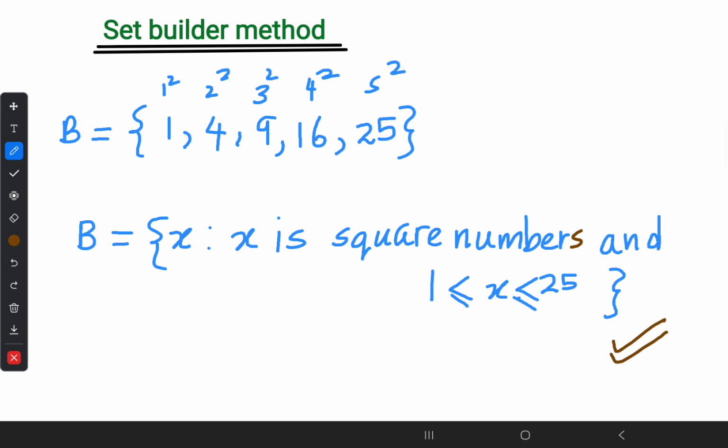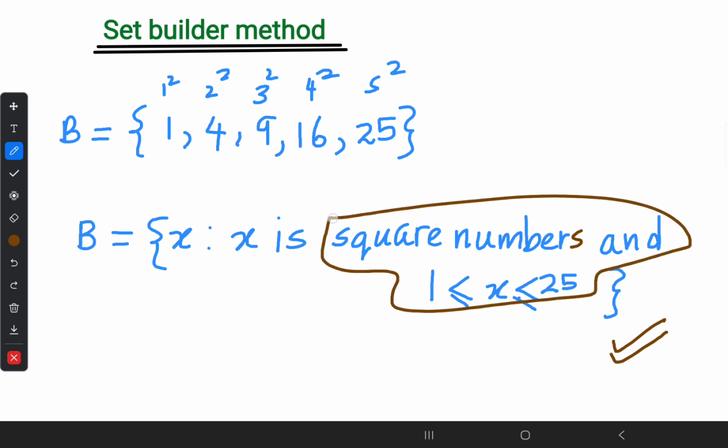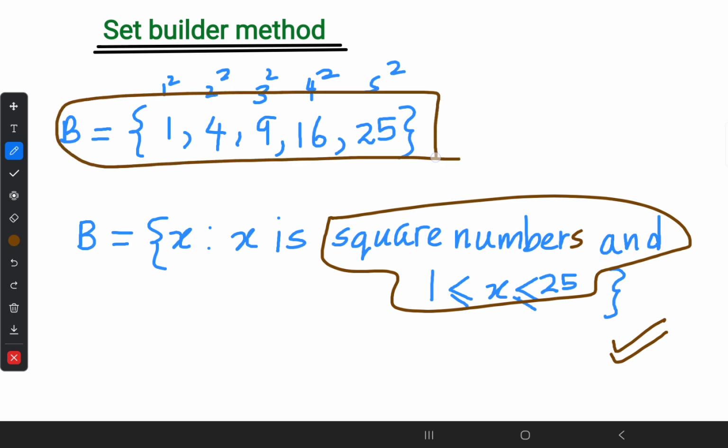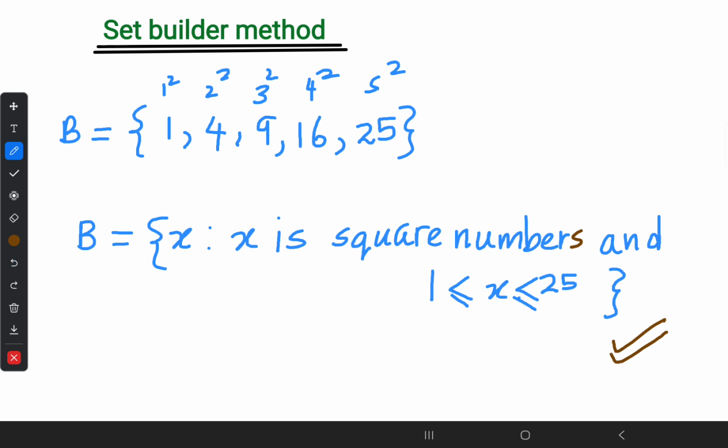For this question only we are answering. Directly writing x is square numbers, or else writing just square numbers, is not the proper way. The solutions for a particular set that was already allocated, we are going to express in simple terms by using mathematics. That's why we are using x.